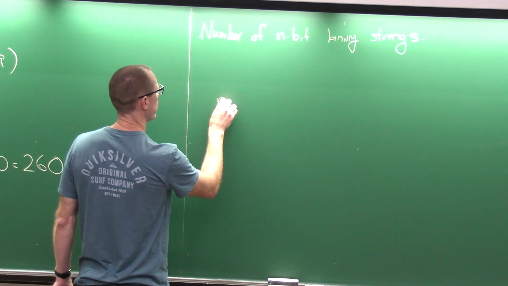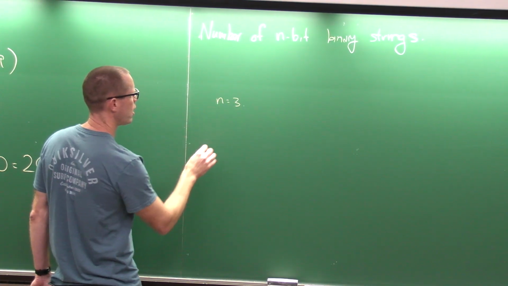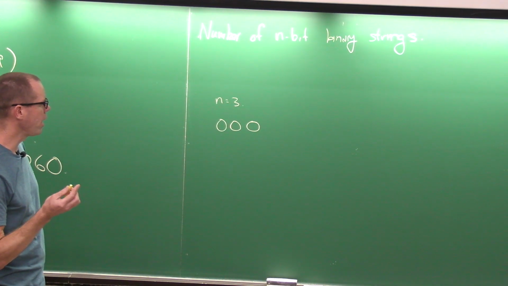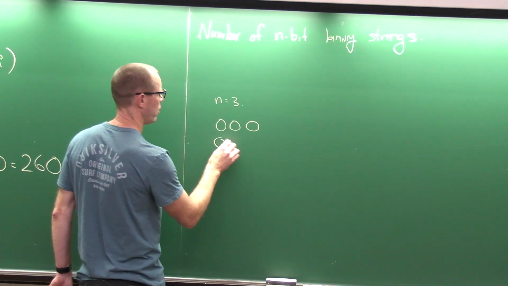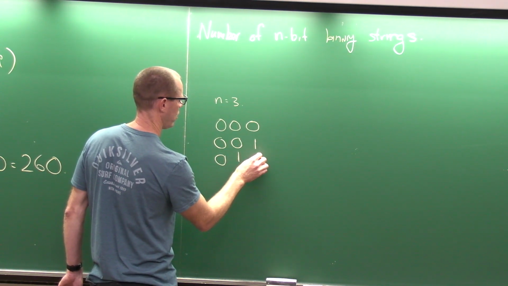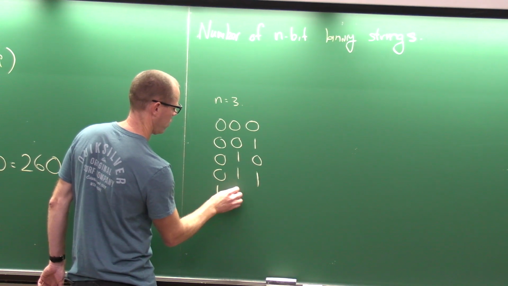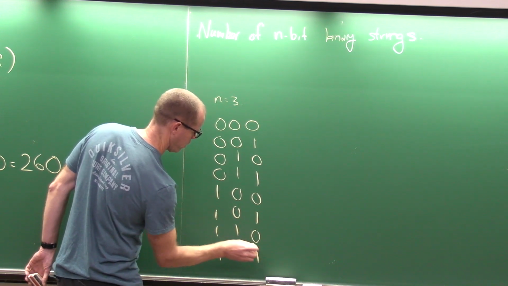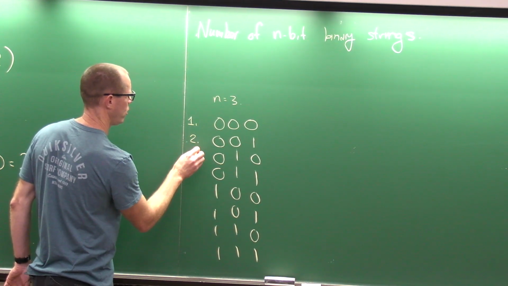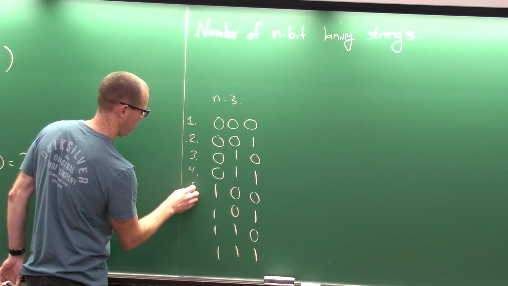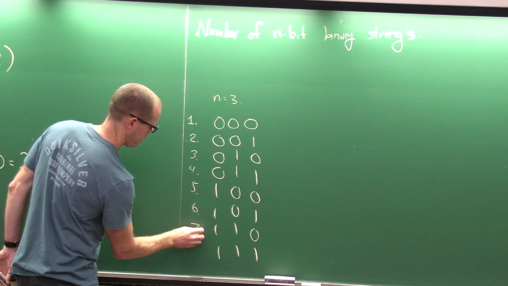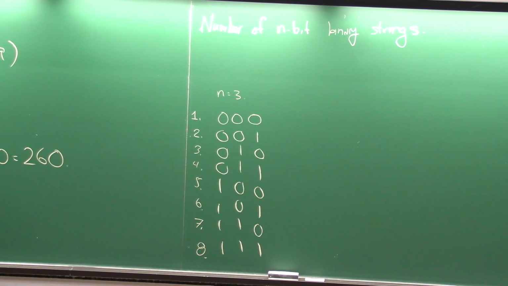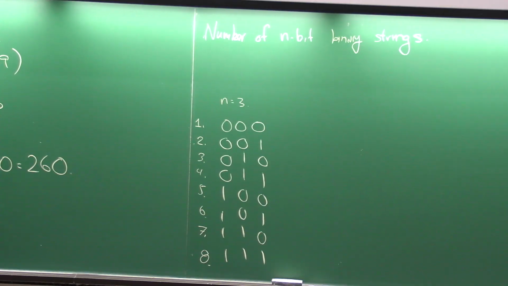If I take n equals 3, the strings that I'm considering are strings of length 3 over the alphabet 0, 1. And there's 1, 2, 3, 4, 5, 6, 7, 8 of them. Okay. So the answer for n equals 3 is 8.